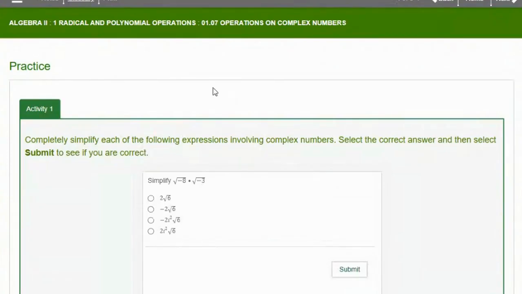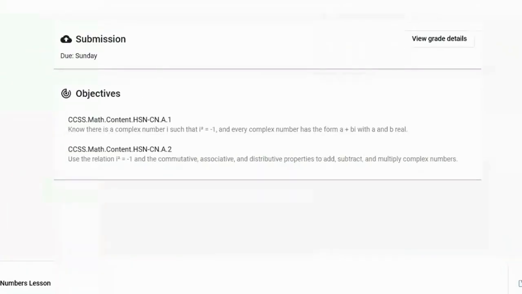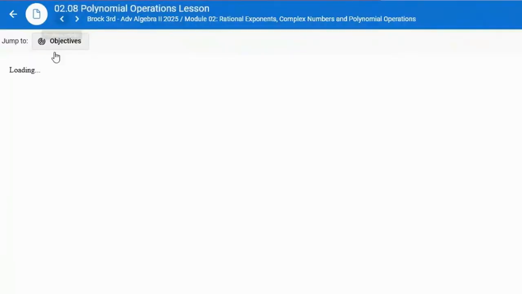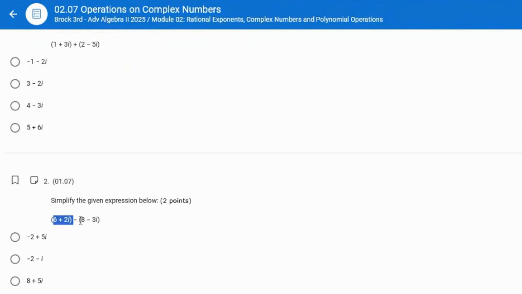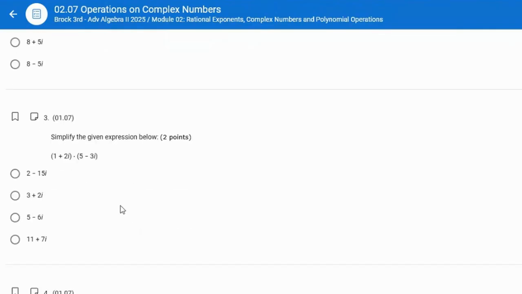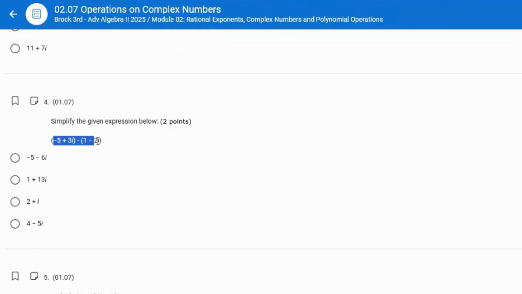So. All right, let's look at the assignment that goes with this. Oops, I went too far. There it is. Simplify. This one is adding complex numbers. This one is subtracting complex numbers. This one is multiplying complex numbers. This one is multiplying.